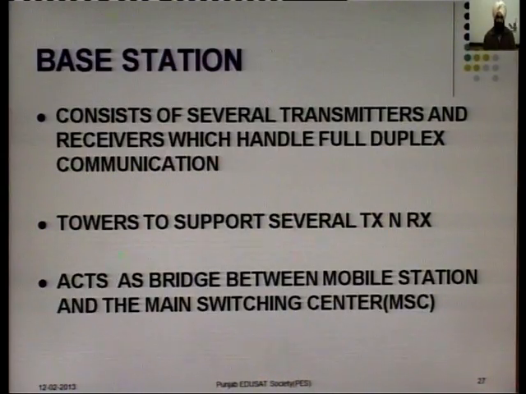The main switching center is the one through which all calls are processed and controlled, and all records are kept, and the mobile station is the device from which calls are made. So the base station acts as a bridge between the mobile station and the main switching center with the help of several transmitters and receivers and towers to support them.